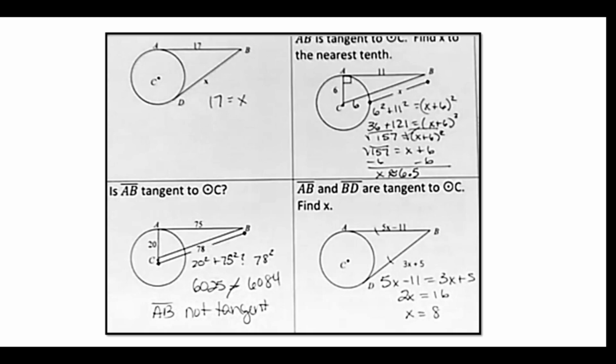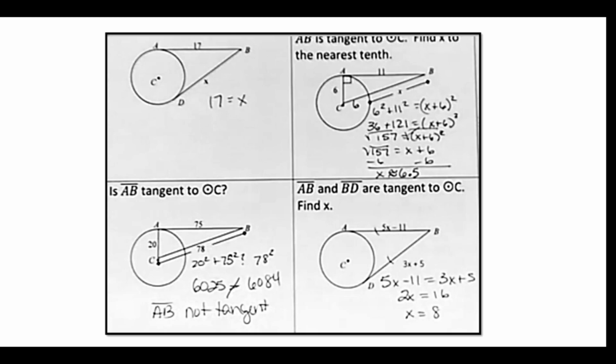So where does 6 come from? You notice that AC is equal to 6. So CB is equal to 6, which is the radius, plus the x. Now, 6 squared plus 11 squared is equal to the square of the quantity x plus 6.